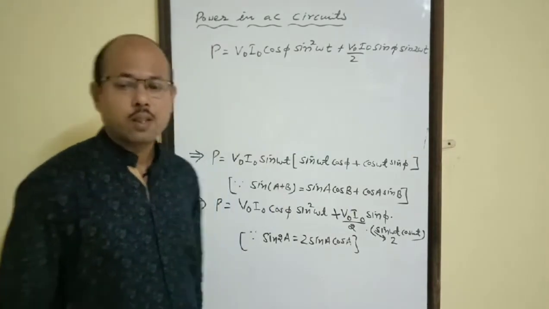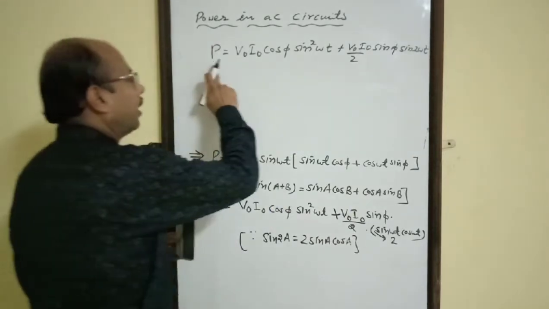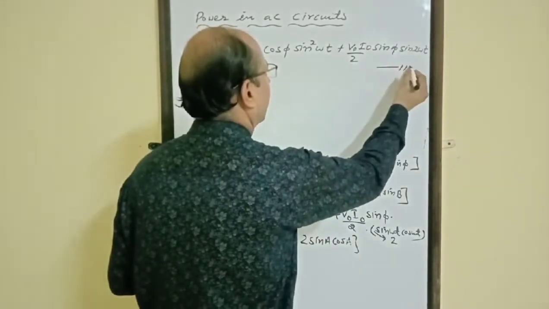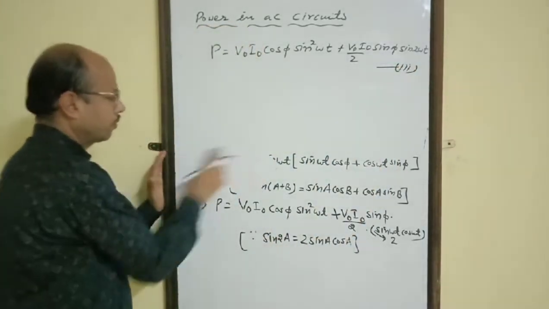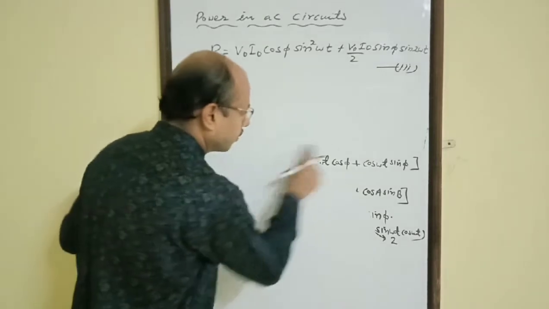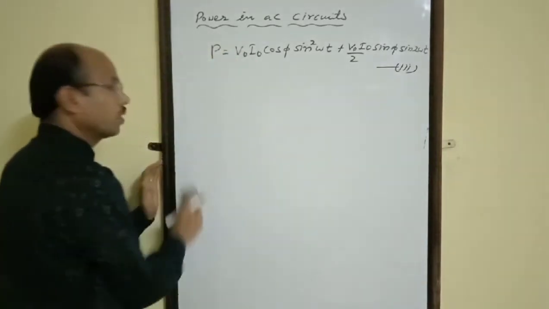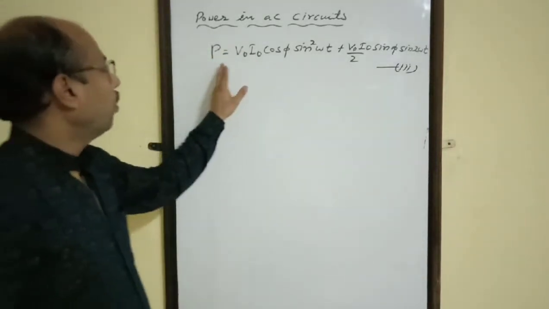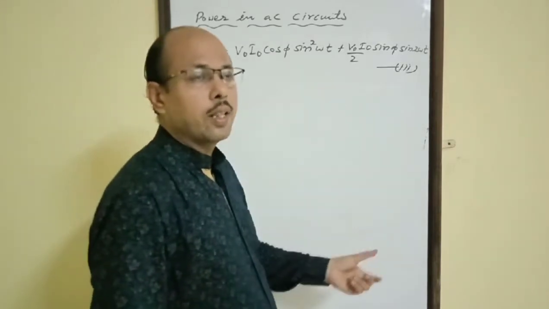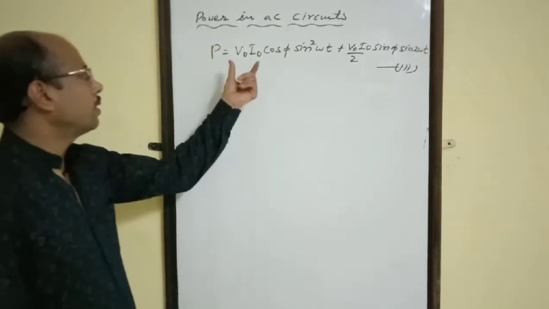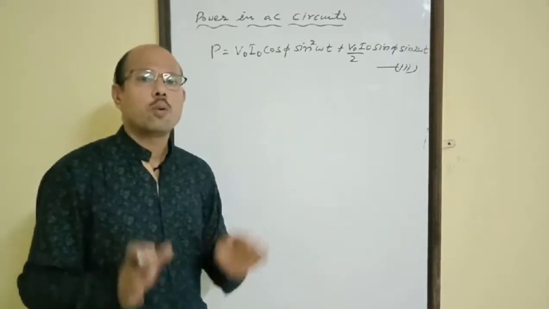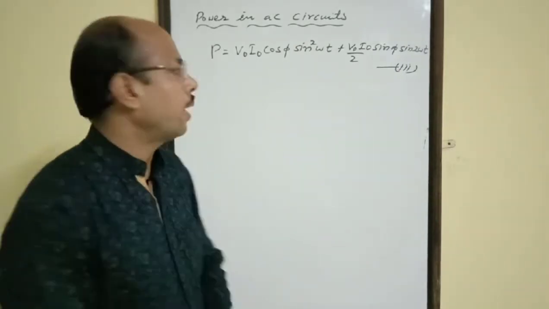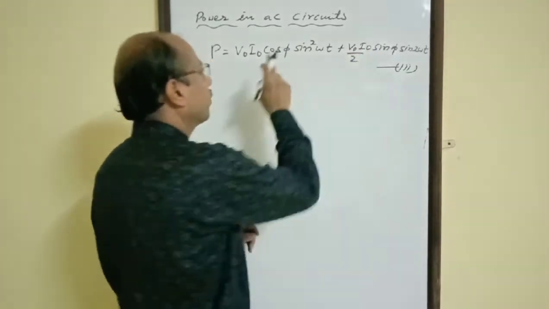This is the instantaneous power, question number 3. This is the value of power at any instant of time, or the instantaneous value of power, and it consists of two terms.